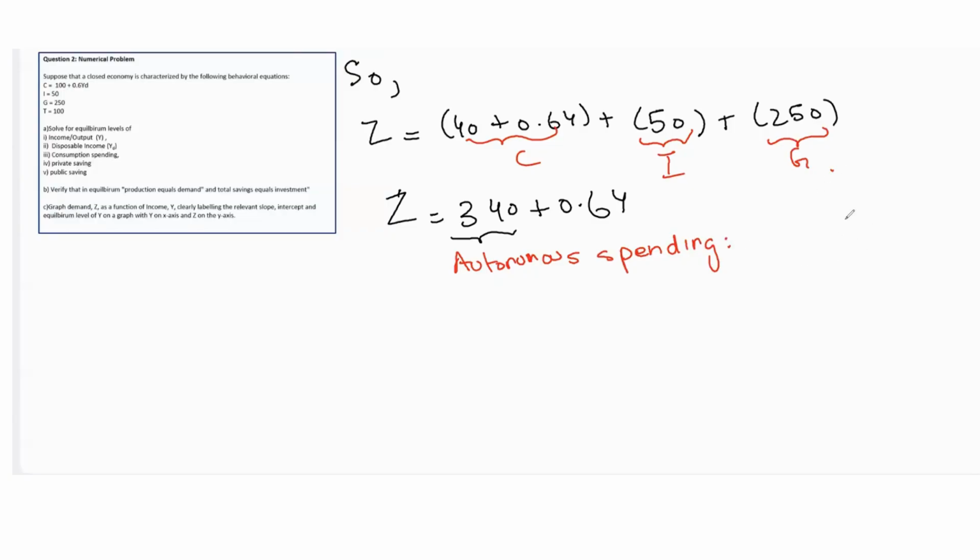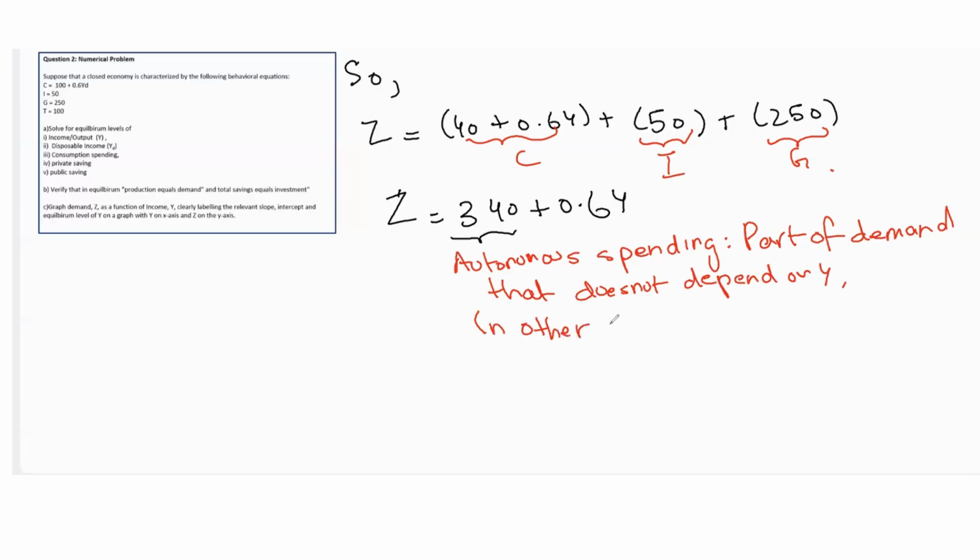It's the part of demand that does not depend upon income Y. As you can see, it's independent of Y. In other words, it's demand when Y is 0, because if we plug in Y equals 0, demand is 340. So this is what we call autonomous spending.